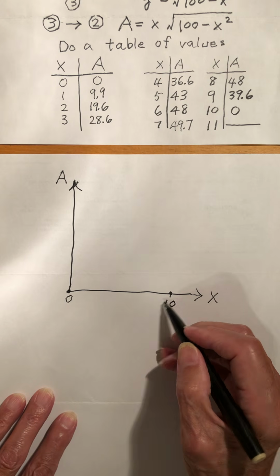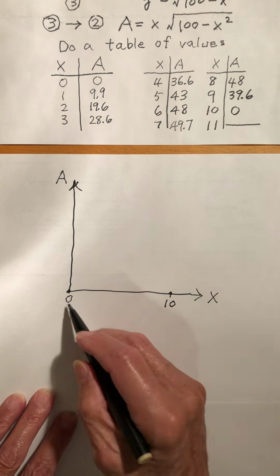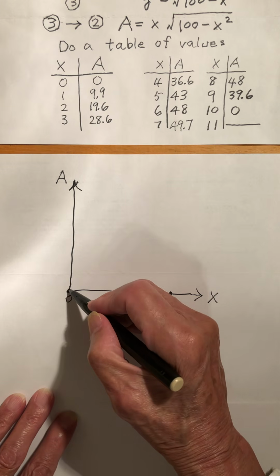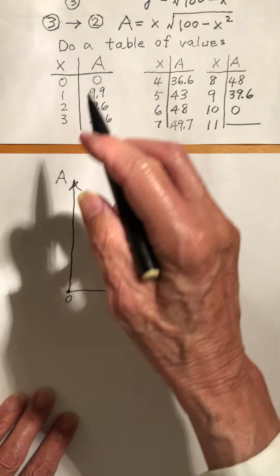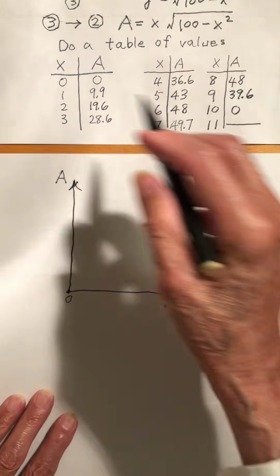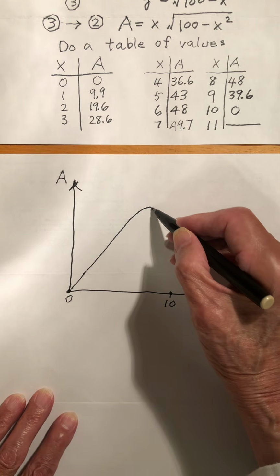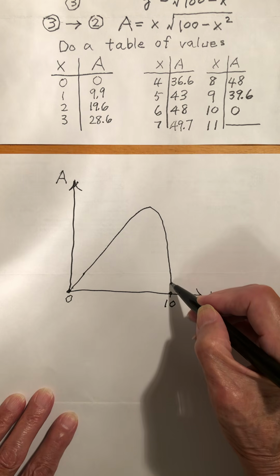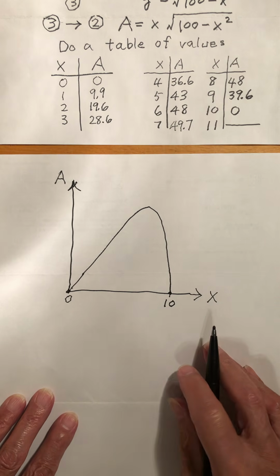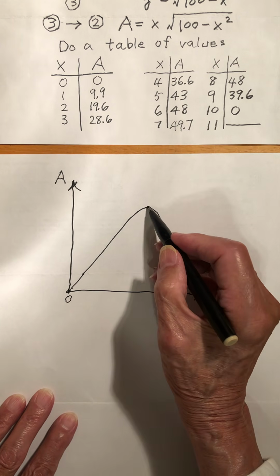So I have 2 points. And between 0 and 10, if you really draw the graph according to the table values, it looks like that. So there is a maximum value.